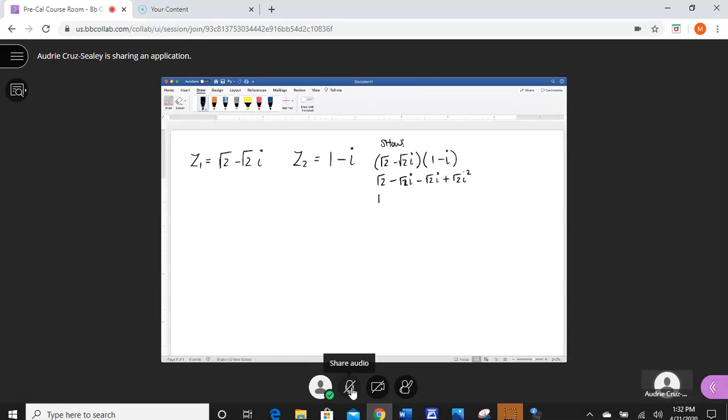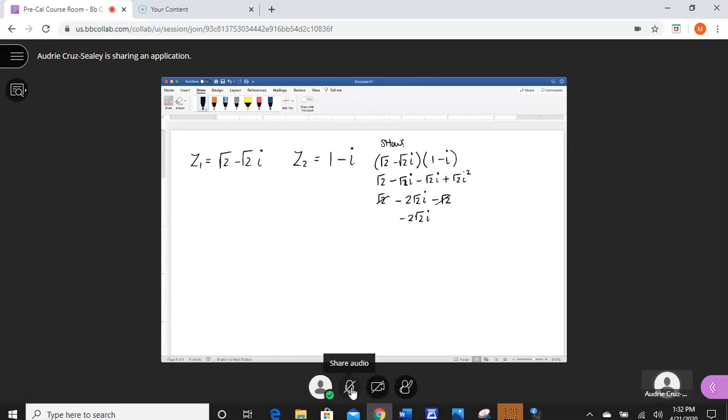And that would give me the square root of 2 minus 2 the square root of 2i's minus the square root of 2. The square root of 2's would cancel, and you would just have negative 2 the square root of 2i.